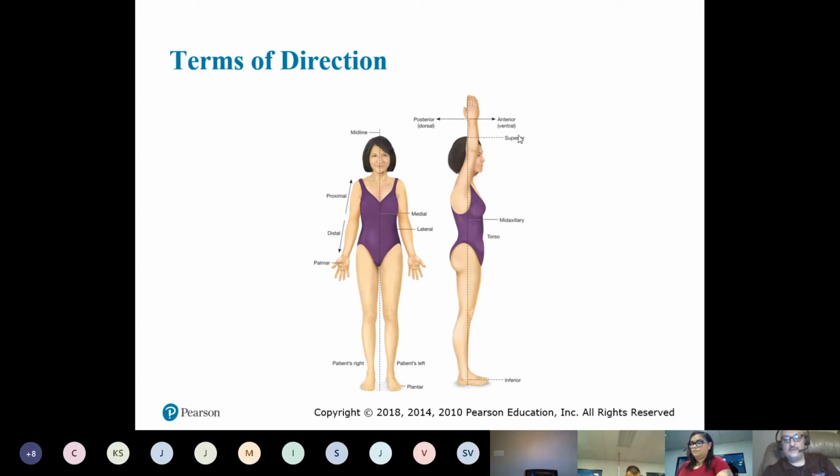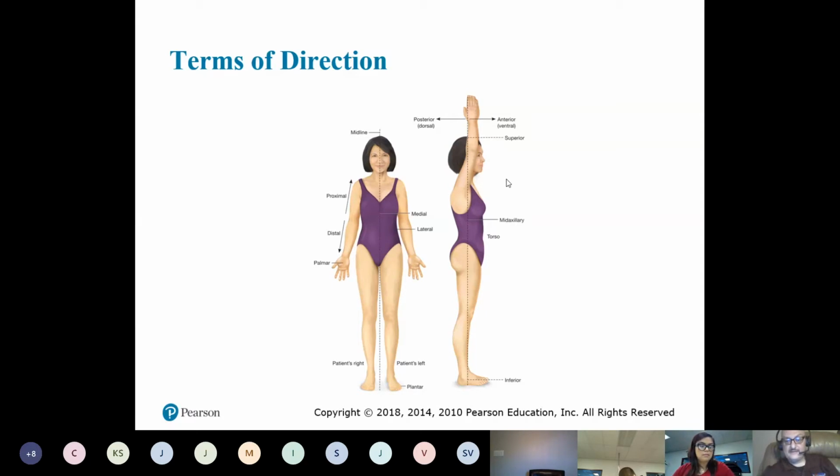The other one, and we talked about inferior, right? Up above, towards the head, superior; down below, towards the feet, inferior. All right.